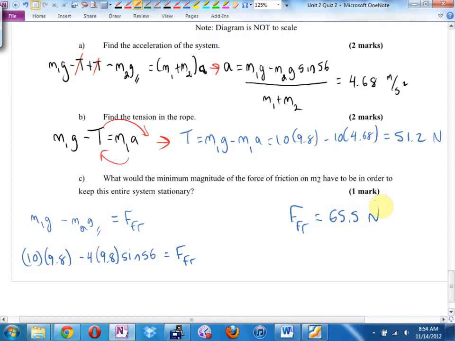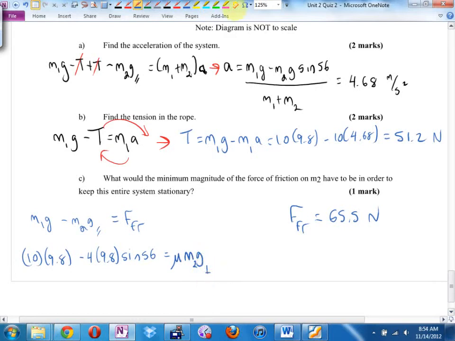Now, how else could I throw a twist on this? What if instead of saying, what's the minimum magnitude of the force of friction, what if I said, what does mu have to be? Could you find that? Sure. Friction is what times what? I don't know the normal force. Oh, but look. I know another force the same size as the normal force. You'd have mu M2G perpendicular.